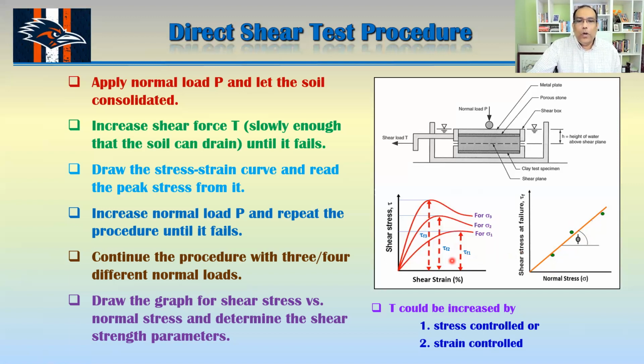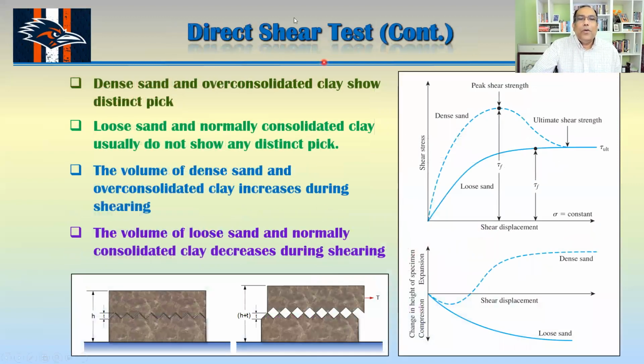Now let's move forward. For the direct shear test, you see that dense sand and over-consolidated clay show a very distinct peak here. On the other hand, loose sand and normally consolidated clay don't show any distinct peak. You can see this one looks like this, okay?